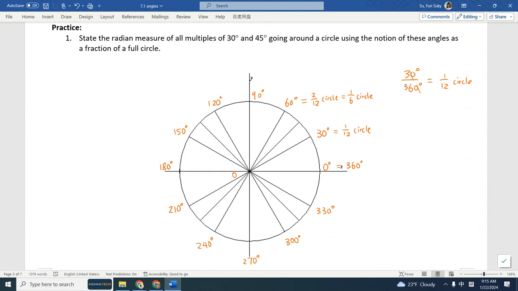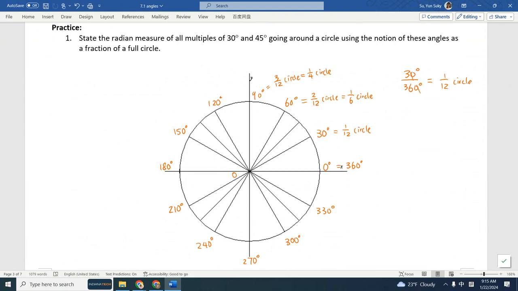Make sense, everybody? How about 90 degrees? 1/3 or 1/4? 1/4, yes. So this is 3/12 of a circle, which is 1/4 of a circle.